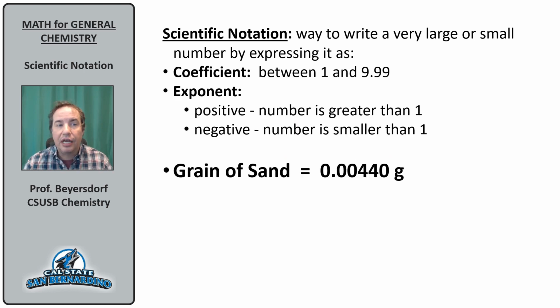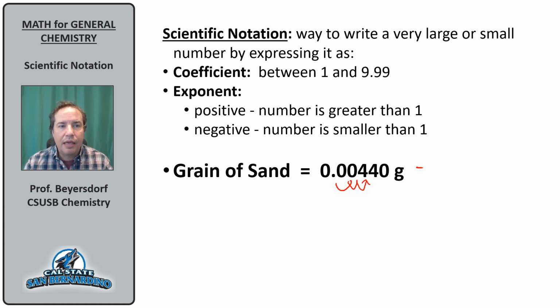So now let's look at a small number. So let's say we had a grain of sand and we weighed it, found its mass, and it was 0.00440 grams. Well, in this case, it's smaller. So if I wanted to do that trick, I would move it 1, 2, 3 times to the right, right?